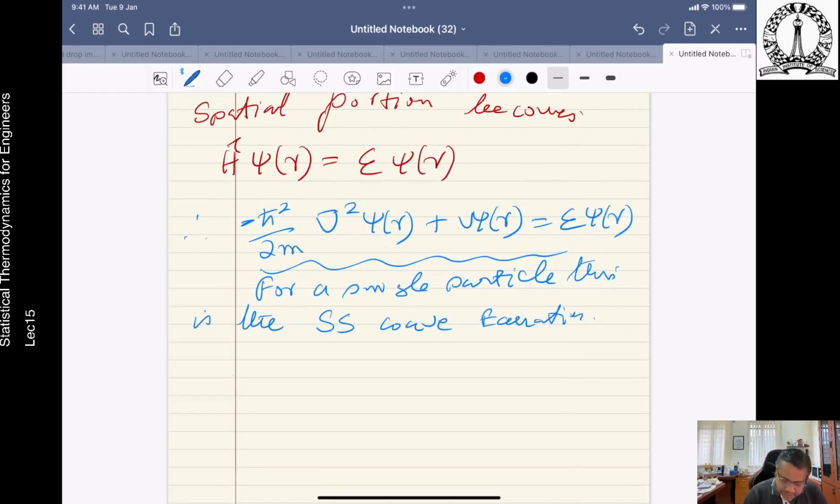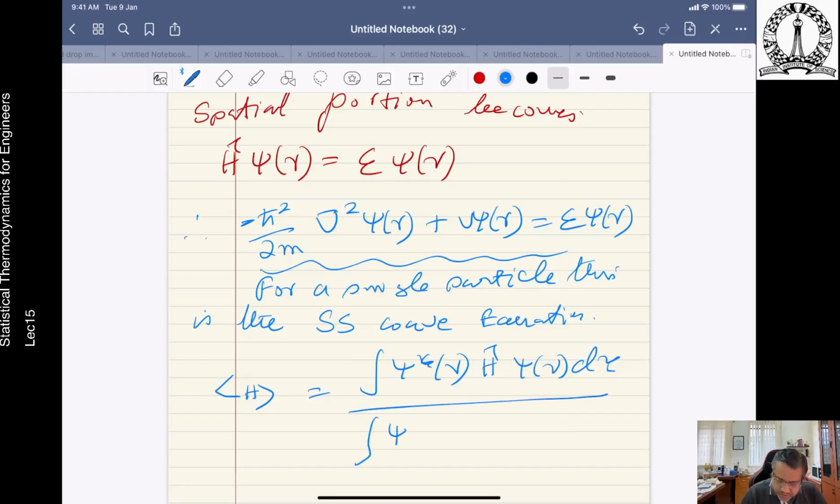So the average H is written as the integral of psi star of r. I'm just putting the r so that it is easier for you to differentiate. Both can use a different notation, but we are going to stick to this because in writing you cannot replicate such notation.